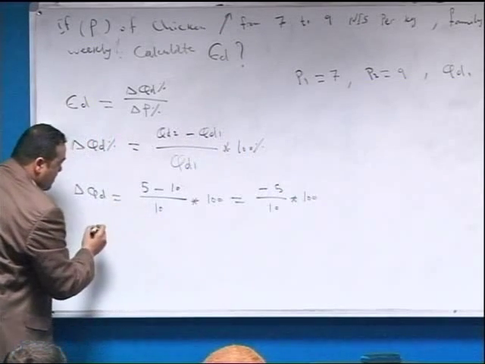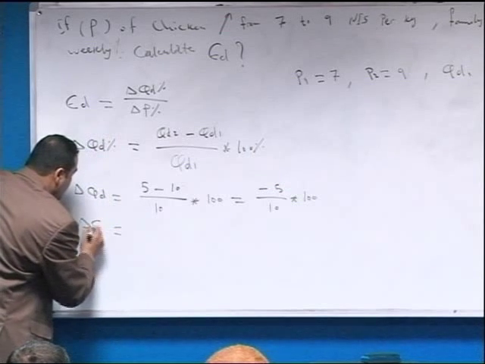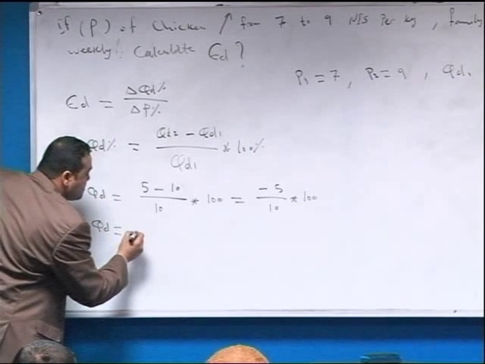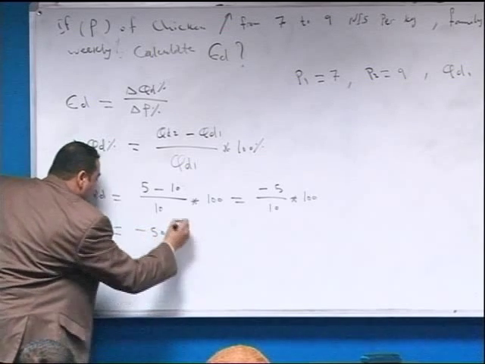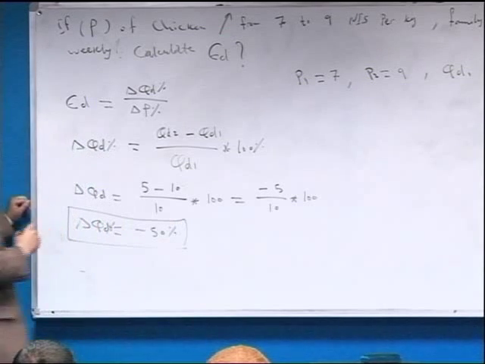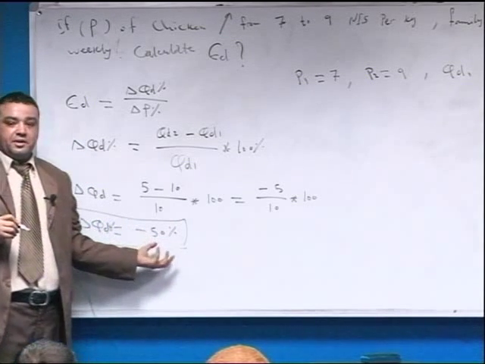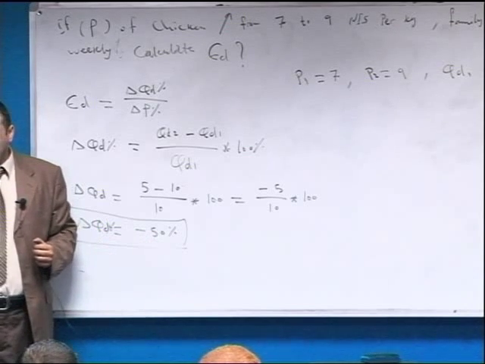So delta QD equals minus 50%. This is the delta QD percent. There is a reduction in the quantity demanded by 50%, right?